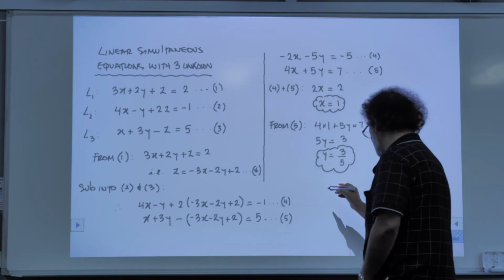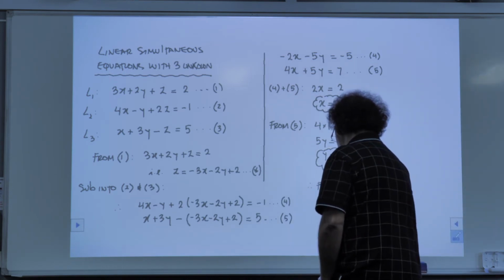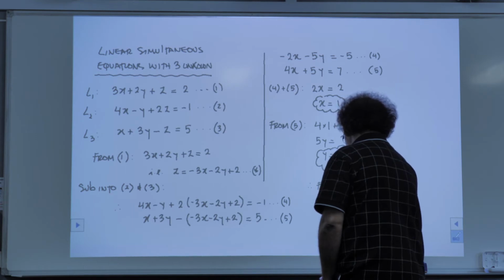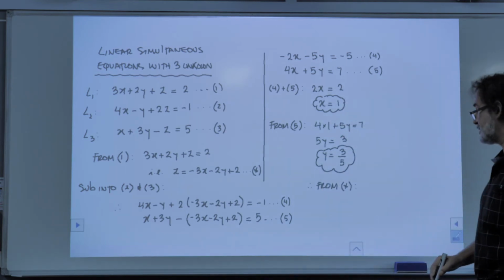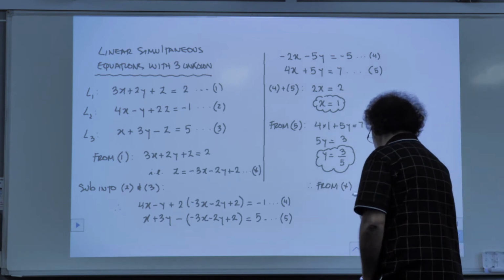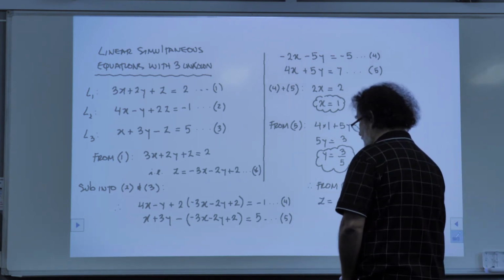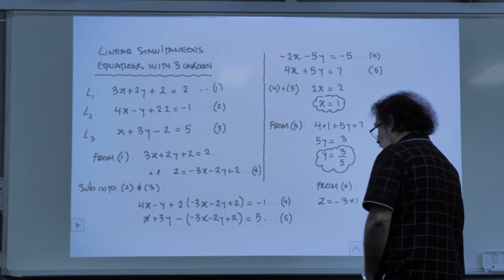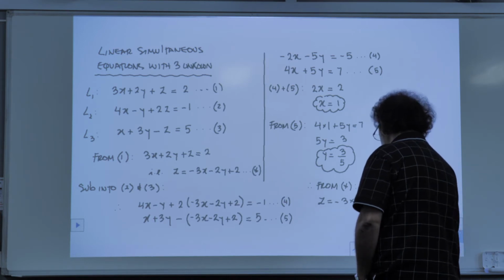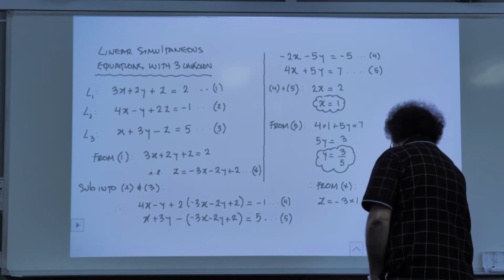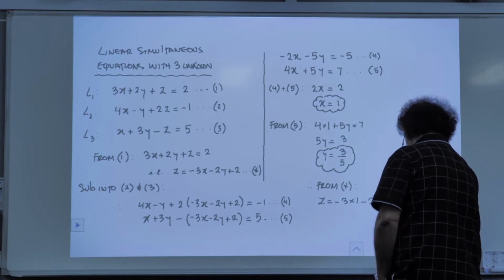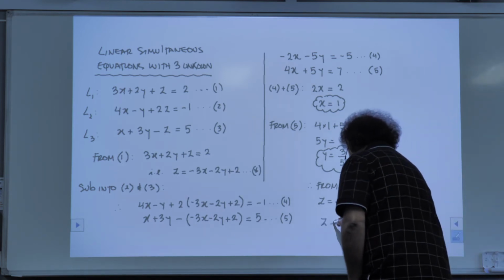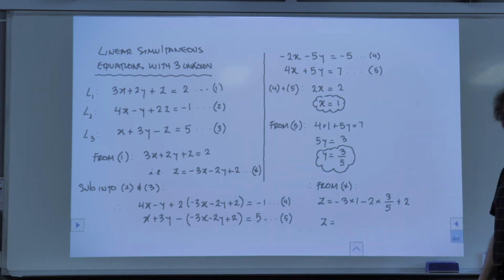Okay, so therefore from asterisk, we're going to have that z is going to be equal to negative 3 times 1 minus 2 times y, which is 3 over 5, and then plus 2. And then you're going to put that in your calculator, and that will give you the point where these 3 lines meet.